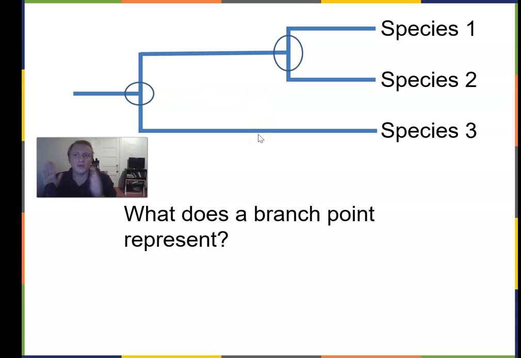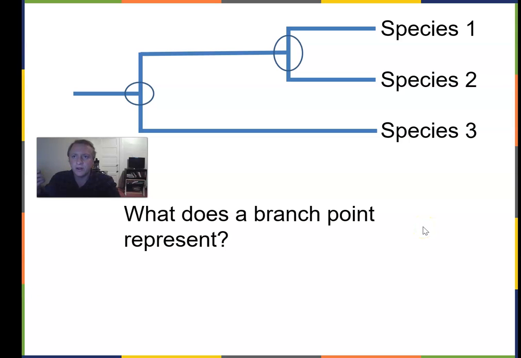Okay, so one direction is time, the other direction doesn't matter. It's just used to help spread things out so that you can read the tree more easily or to emphasize certain things. Wherever you see a branch point, that is a common ancestor, and sort of the deepest common ancestor on a particular tree is the root.